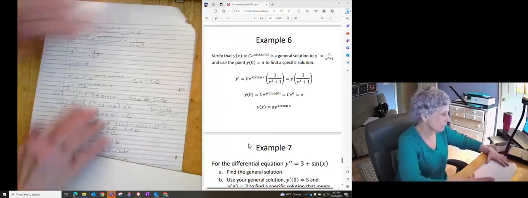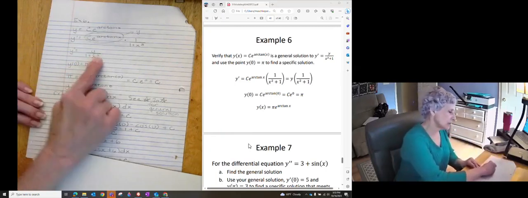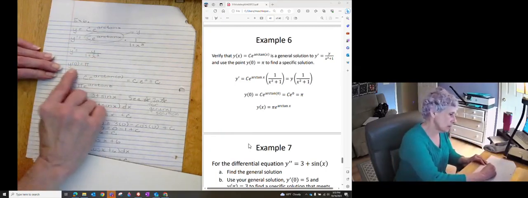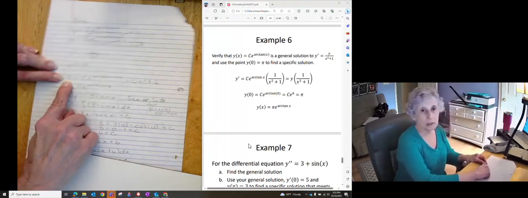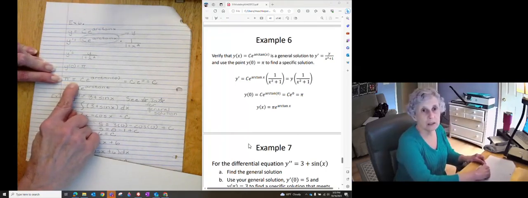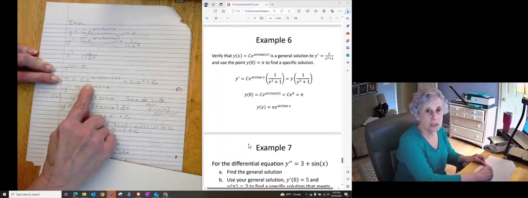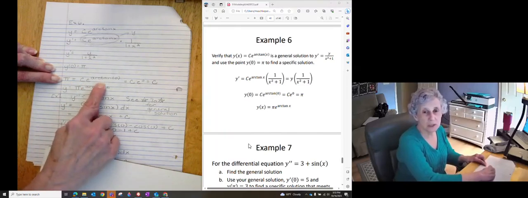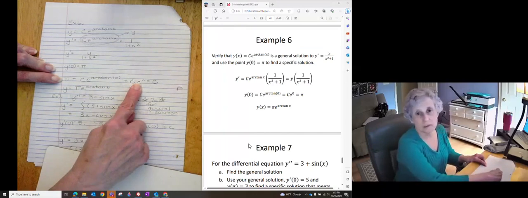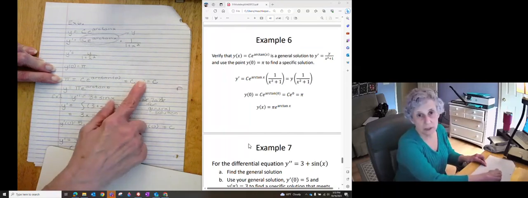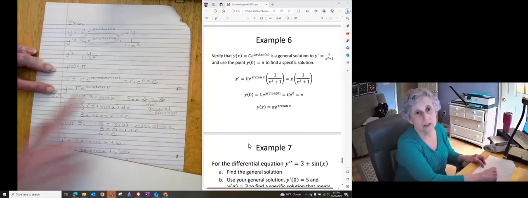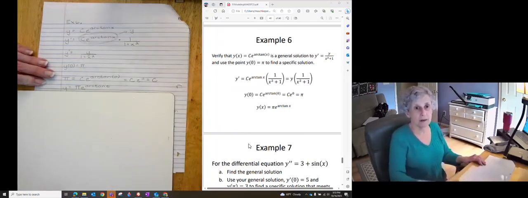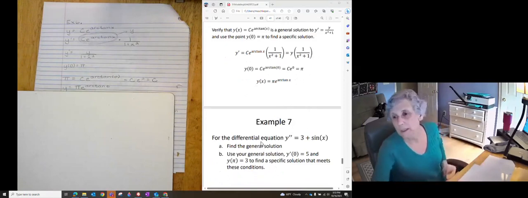Easy enough. So now I plug 0 in, and I want pi to come out. So pi needs to be equal to c times e to the arctan of 0. Arctan of 0 is 0. E to the 0 is 1, so c is just pi. That one's pretty easy.